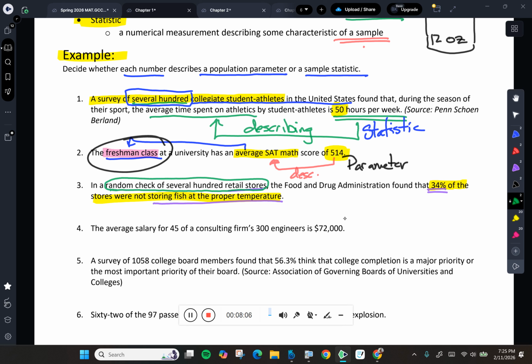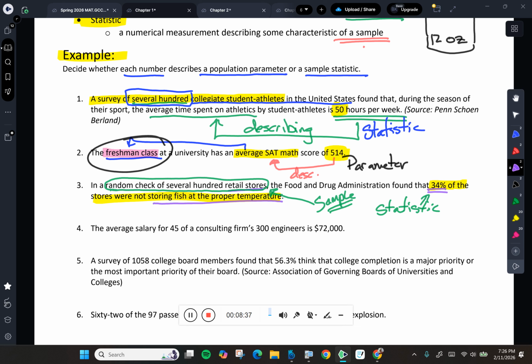So that means that we're looking at a statistic here, because that is not all of them. We gathered our data from a sample. So our data, when we crunch the numbers, that numerical measurement is a statistic. I'm having a hard time saying statistic right now. Right? Okay, let's take a look at number 4.